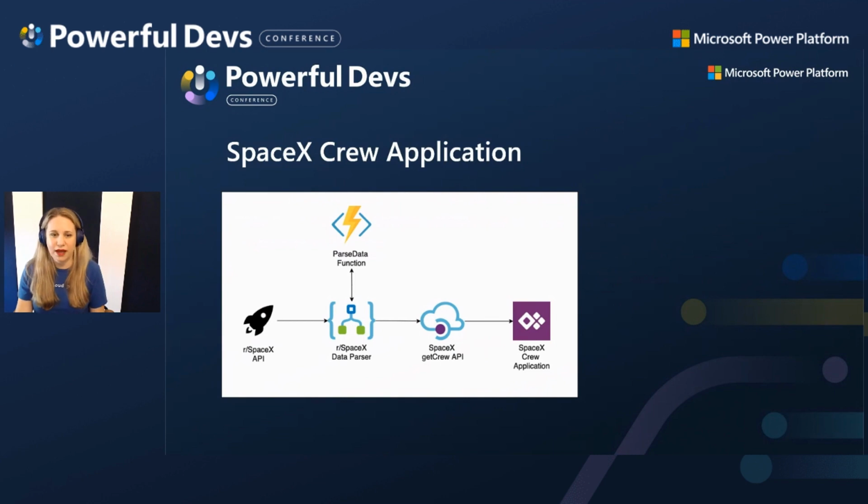So this is what my very basic app looks like. I have a logic app in Azure that's my data parser. That logic app then pulls in data from this open source SpaceX API, and it sends that data out to an Azure function.